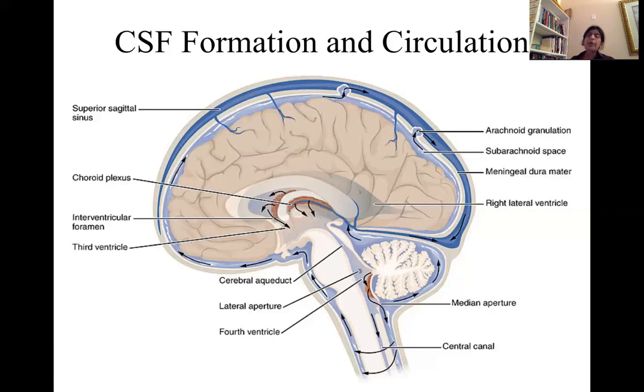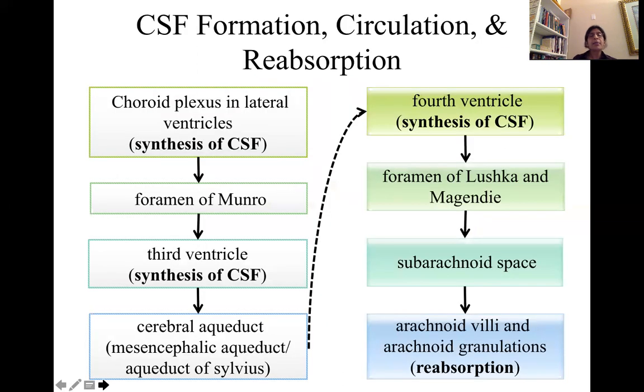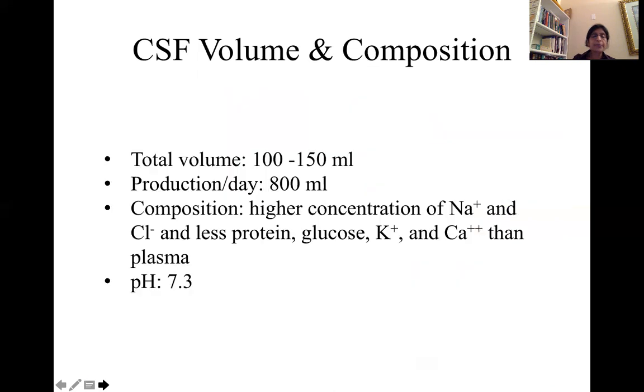All right, now let's talk about the amount of CSF that's made here and how that is replaced so frequently. Okay, approximately about 600 to 800 milliliters of CSF made per day. Okay, so that is all shown here.